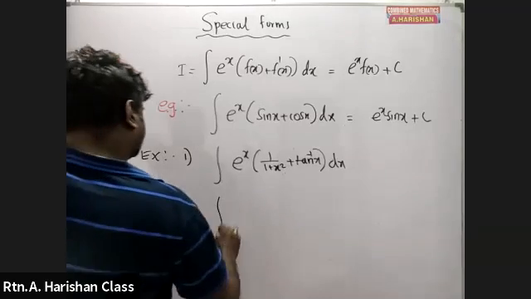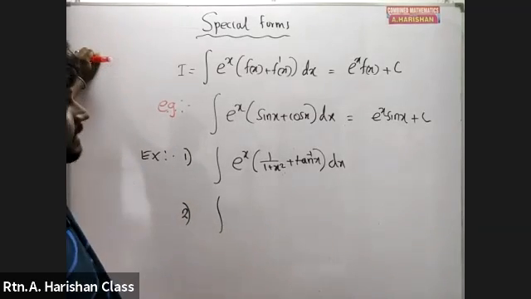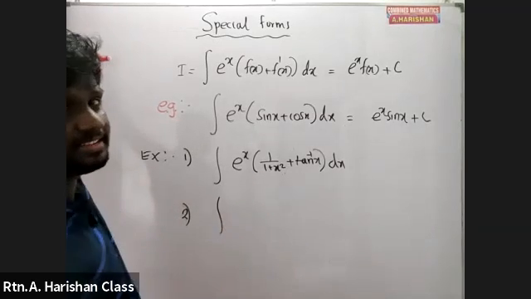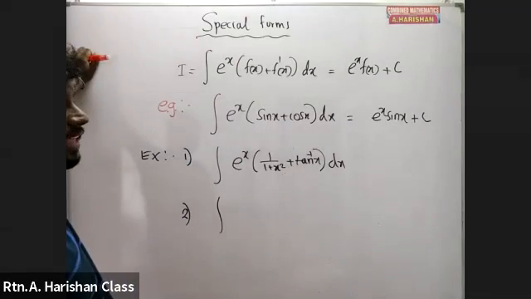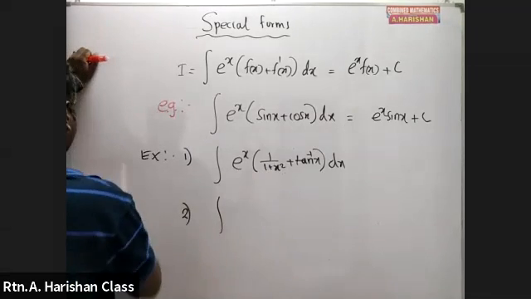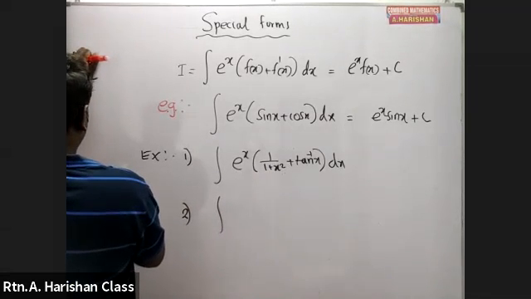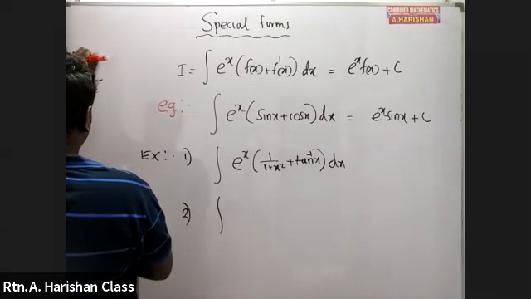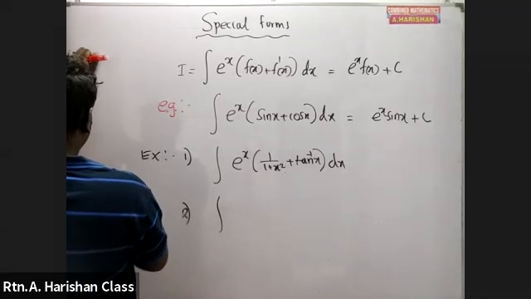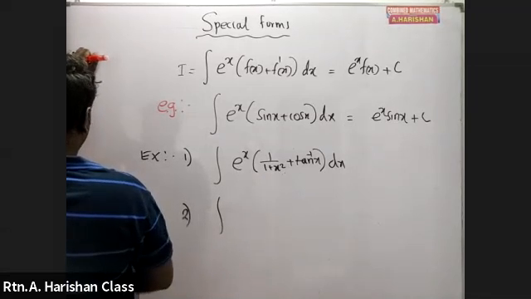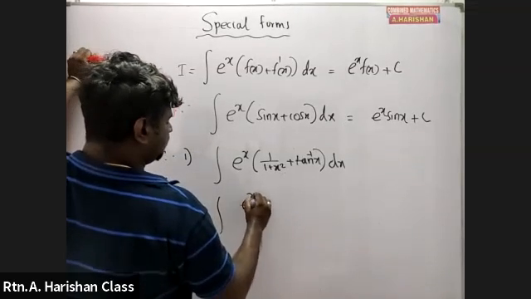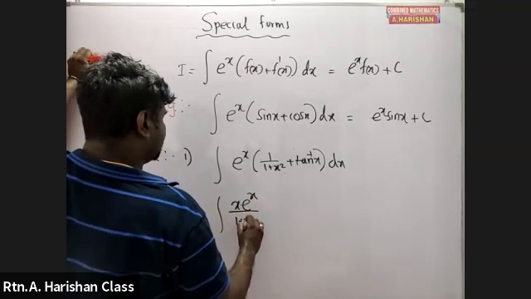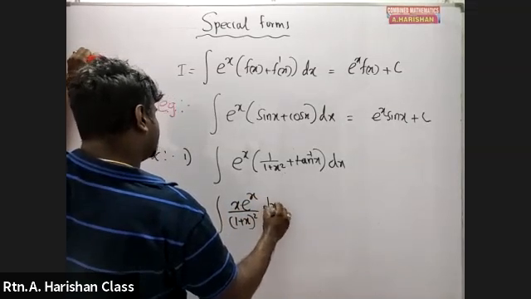Second one. So if it's like this, then easy. Sometimes you have to make it like that. So in that case, that's a bit hard. So please try to do this one. So sometimes e to the power x times 1 plus x over 1 plus x all squared dx.